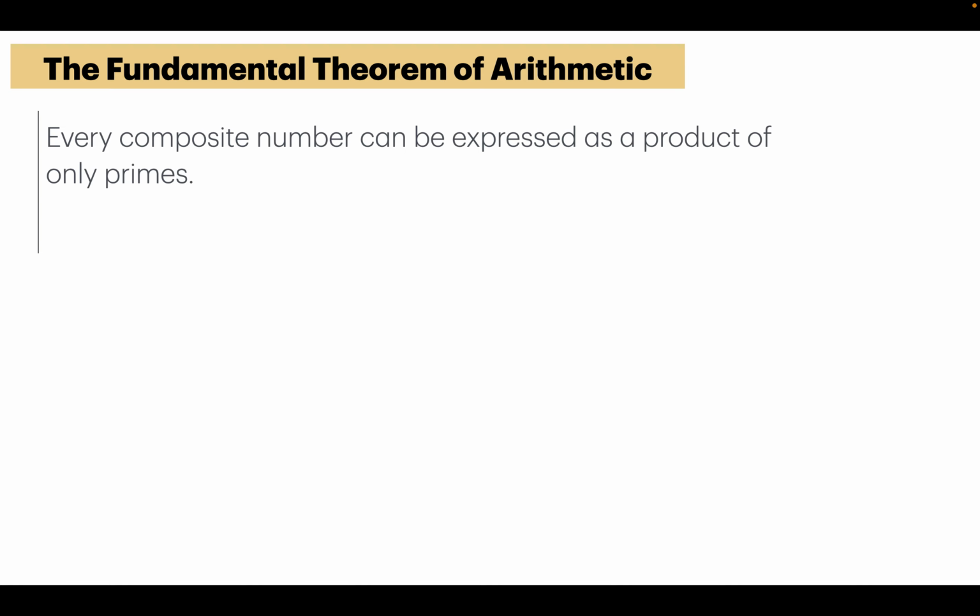So the whole number again will become a product of primes. So that's what the fundamental theorem of arithmetic says, that every composite number can be expressed as a product of only primes.